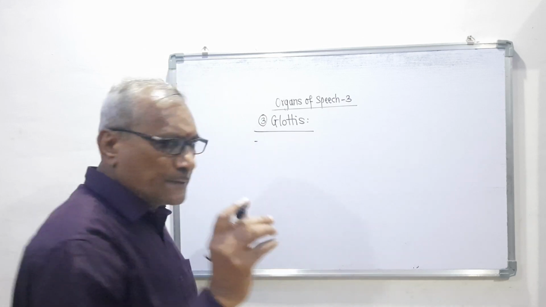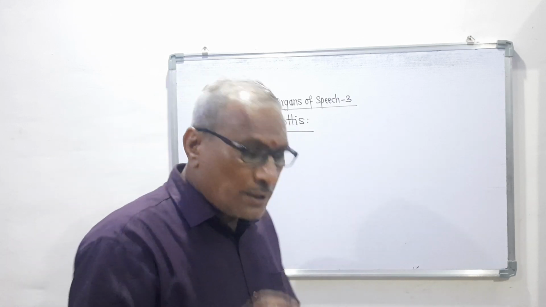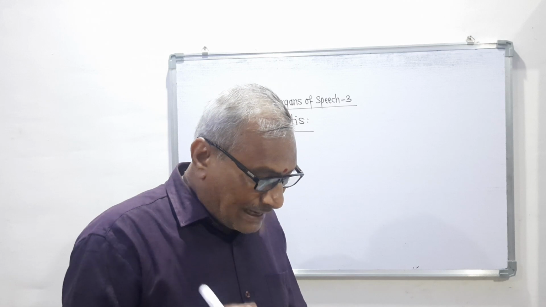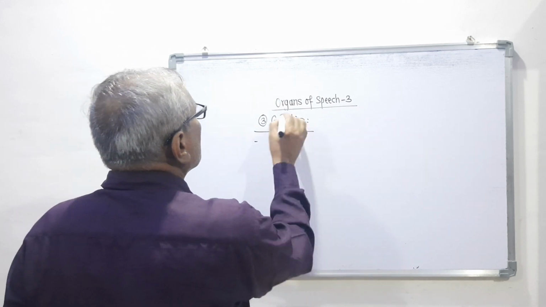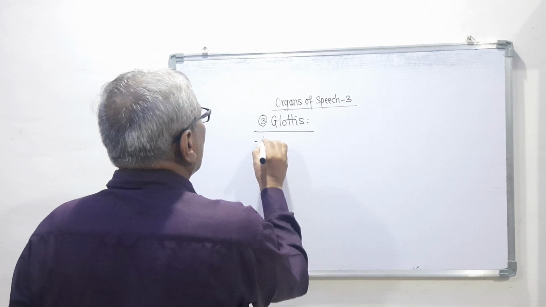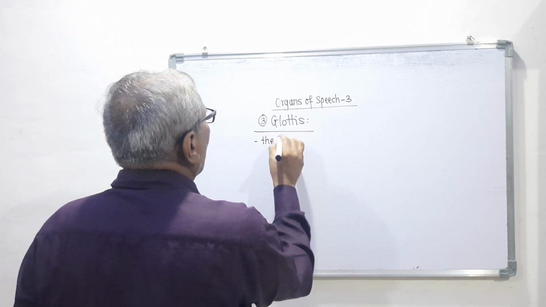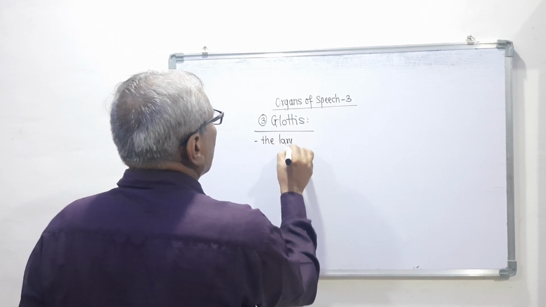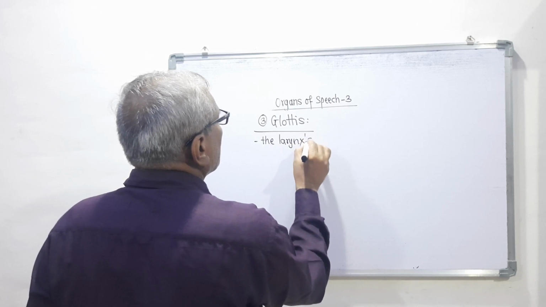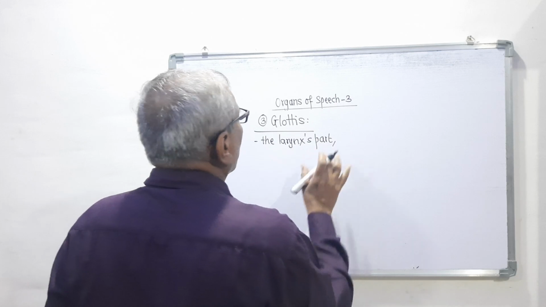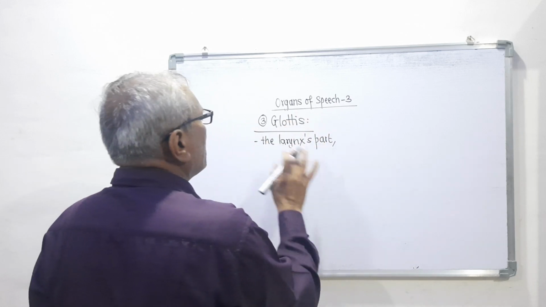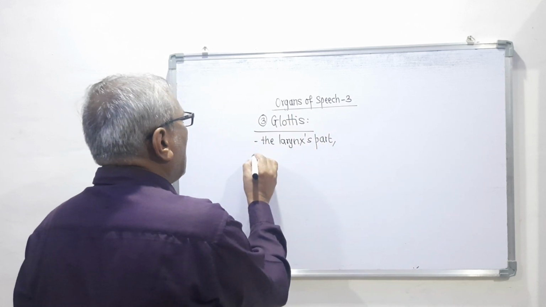What is the glottis? The glottis is called a larynx part. The glottis is a part of the larynx, a larynx organ.